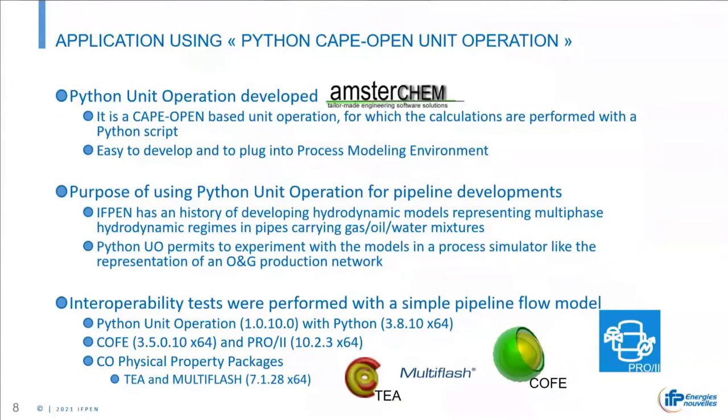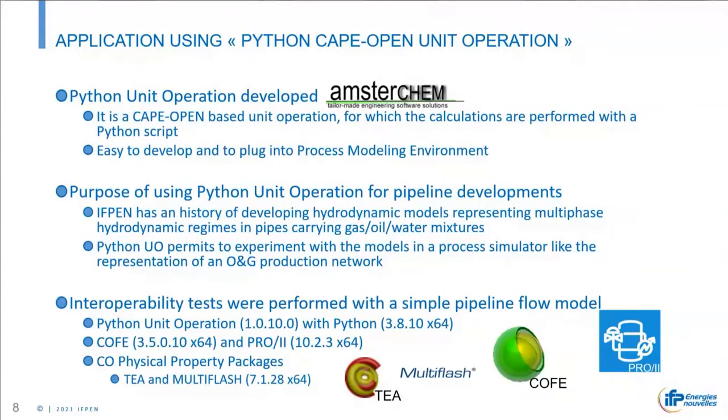So the purpose, why we use this Python unit operation: first of all, because it's easy to develop Python code. And at IFP, we have a history of developing hydrodynamics models representing multi-phase flow regimes in pipes carrying gas, oil, water mixtures. And this Python unit operation permits experimenting with the model in a process simulator, like the representation of an oil and gas production network.